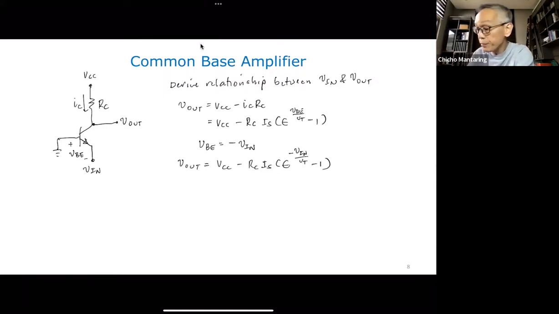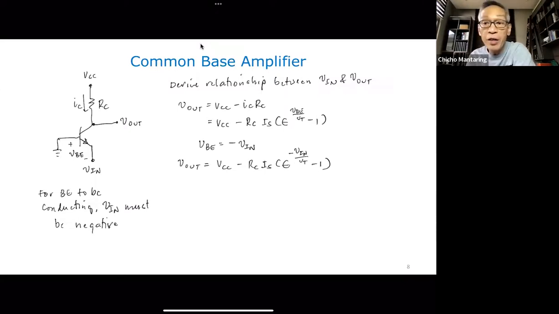Now take note, for my base emitter to be forward biased, my VIN has to be negative. So for BE to be conducting, VIN must be negative.